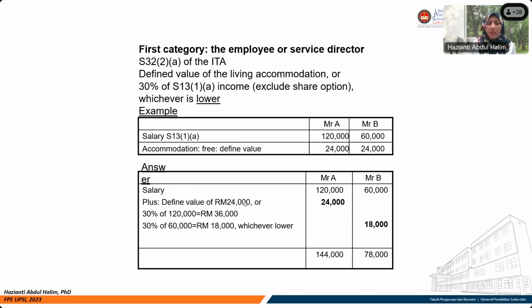For Mr. B, we also take the defined value of 24,000 and compare with 30% of his salary of 60,000, which is 18,000. Comparing 18 with 24, 18,000 is lower. So we add up. Mr. B will be taxed at 78,000, and Mr. A's employment income is 144,000, because his salary is higher. So it depends on section 31A: the higher the section 31A, the higher the amount here.